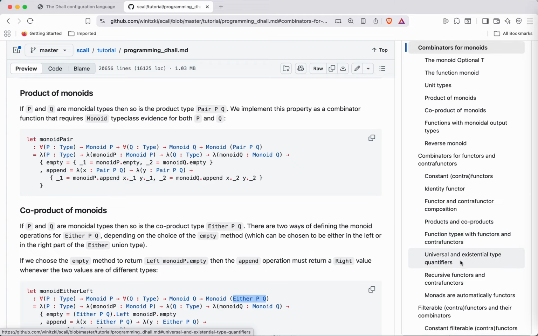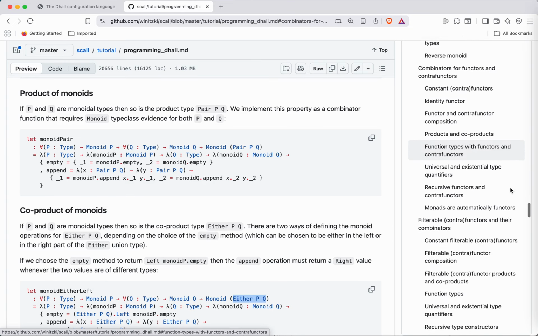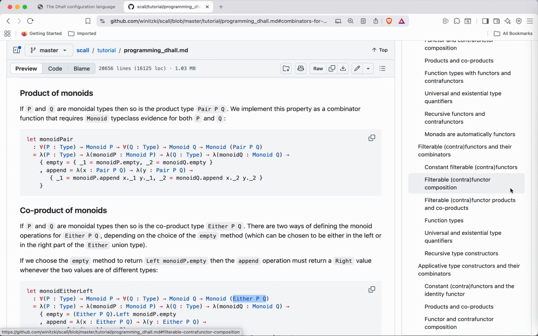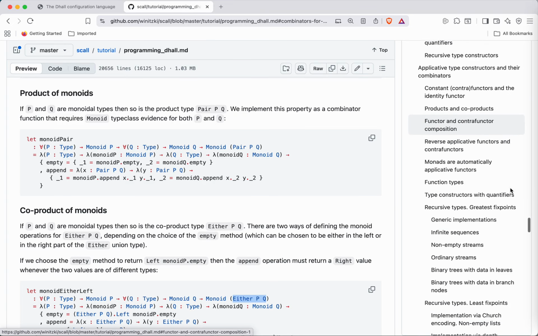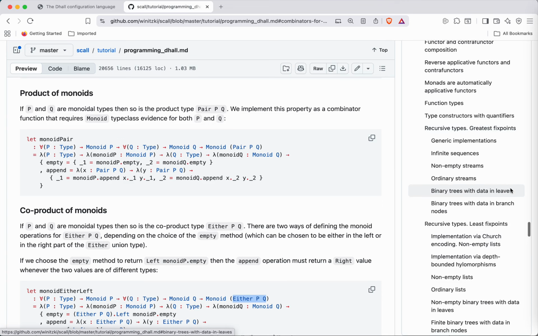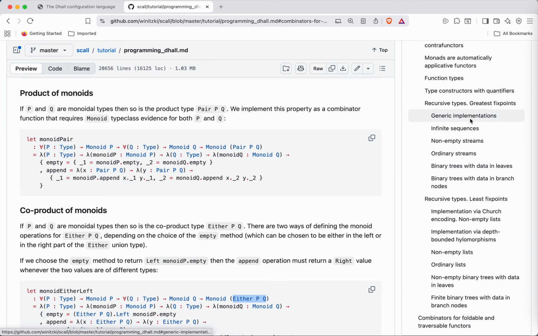And then universal quantifiers, existential quantifiers, and recursive construction, which is least fixed point and greatest fixed point. All of those type constructions can be implemented in system F omega, and I explore systematically what happens to types when you combine them using these type constructions.